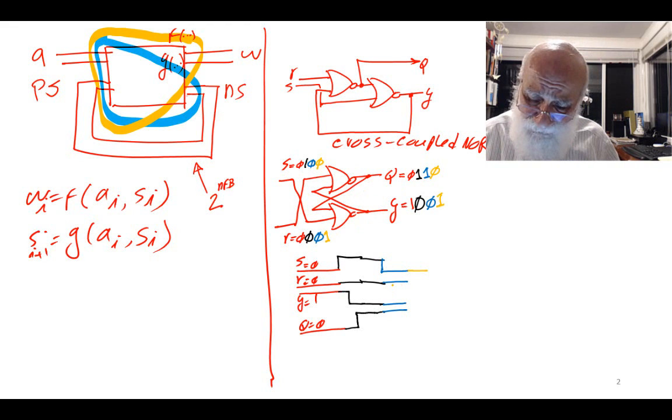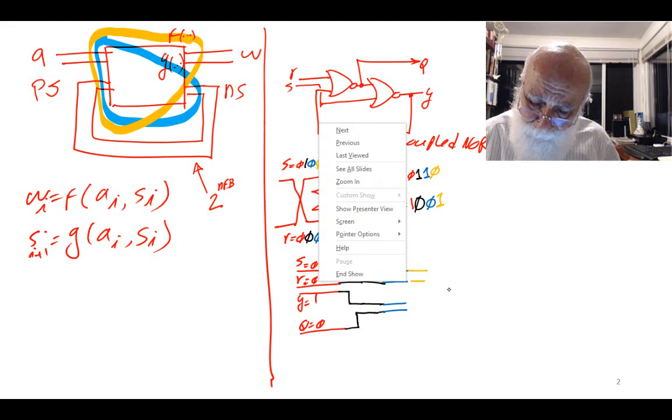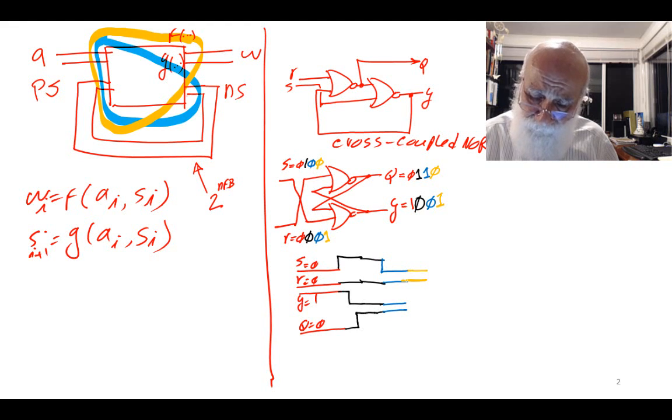So what it means is, even though I didn't change R, oops, sorry, I did change R. I change R, and then changing R causes my Q to become 0 after some delay, and then after that delay my Y becomes 1.